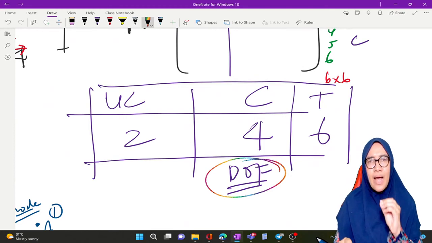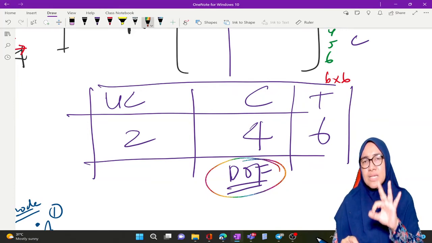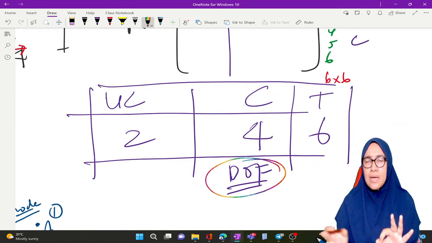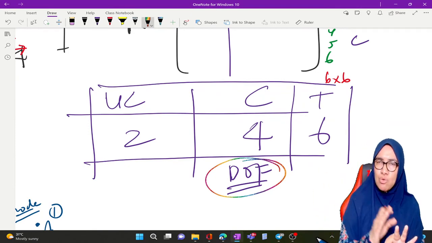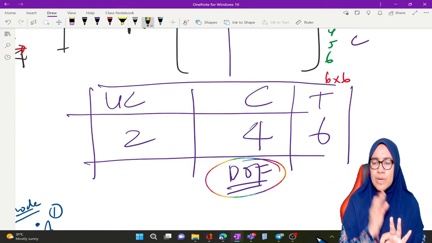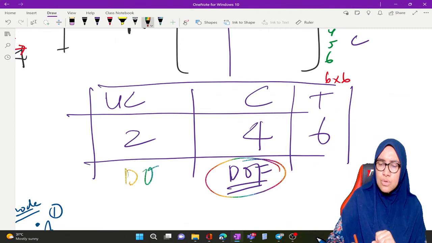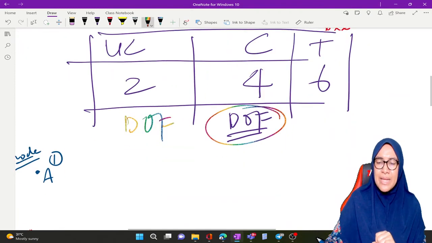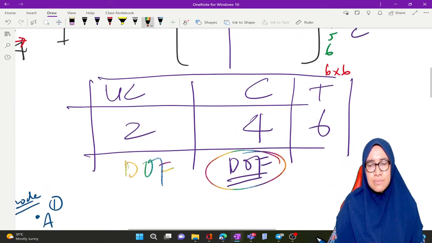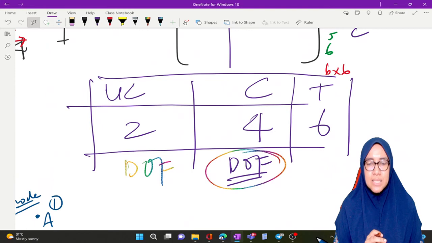Since we know there are 6 degrees of freedom because of 3 nodes, the remaining will be 2, representing 2 degrees of freedom in the unconstrained system.